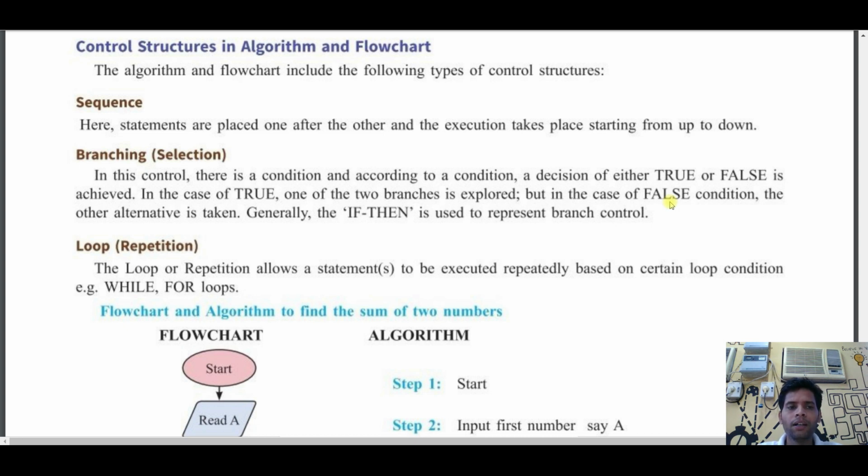For example, in schools we have multiple rooms, and every room has a title: class 6 A, class 7 A, class 8 A. If you are moving to a room and you are from the same class, you will go inside, else you will come out. Clear?